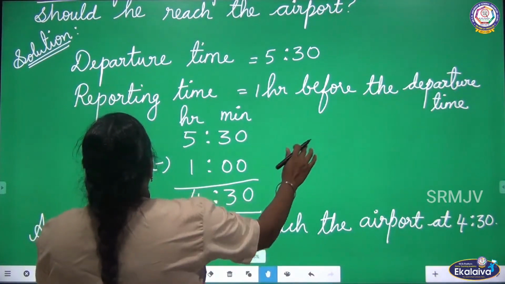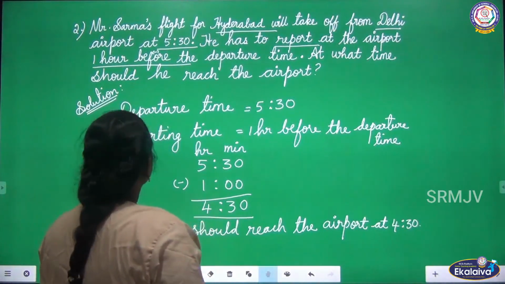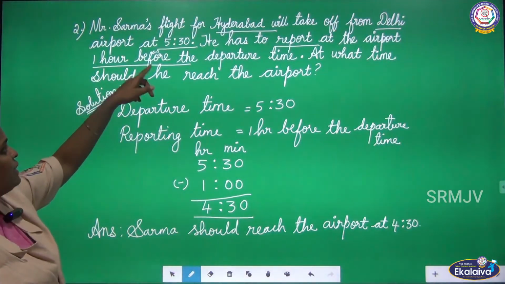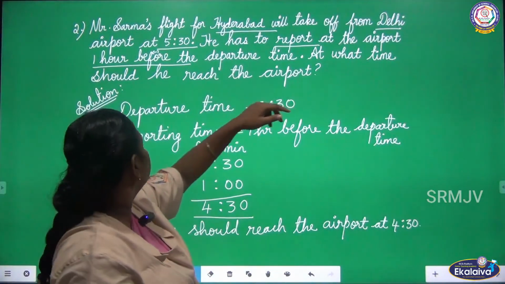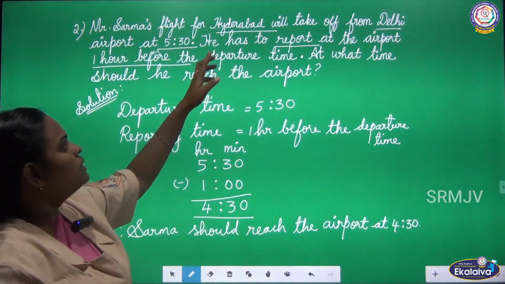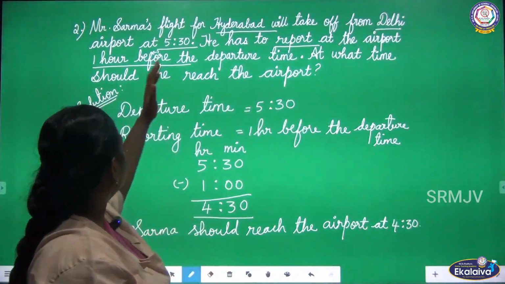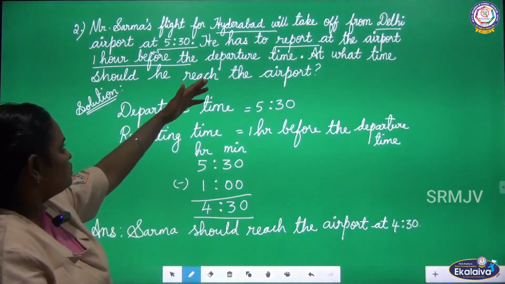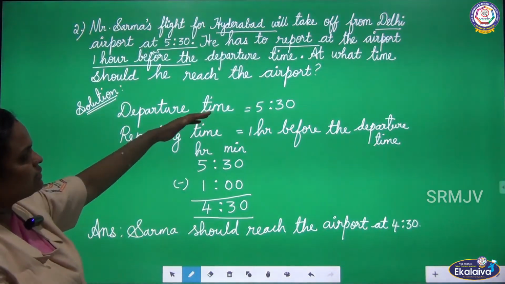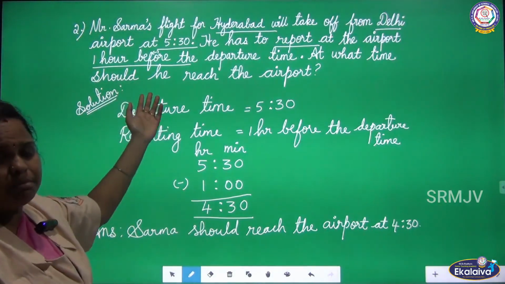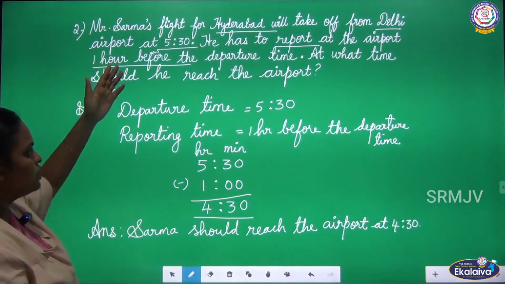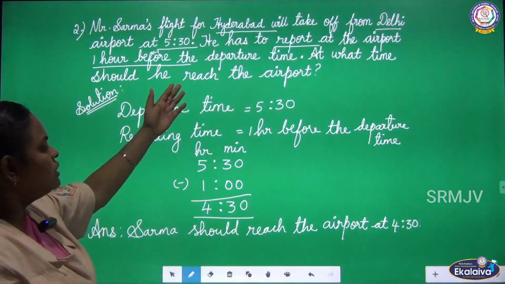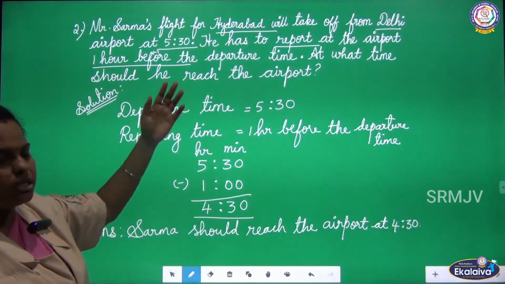So listen. Mr. Sarma's flight for Hyderabad will take off from Delhi airport at 5:30. He has to report at the airport 1 hour before the departure time. So departure time is 5 hours 30 minutes, and 1 hour before he has to reach the airport.